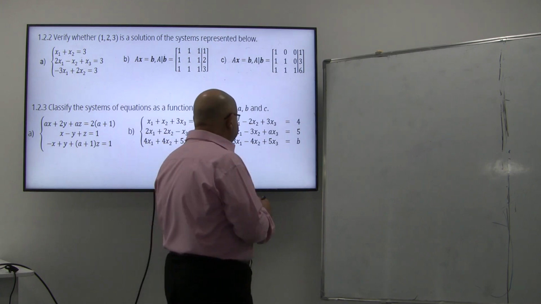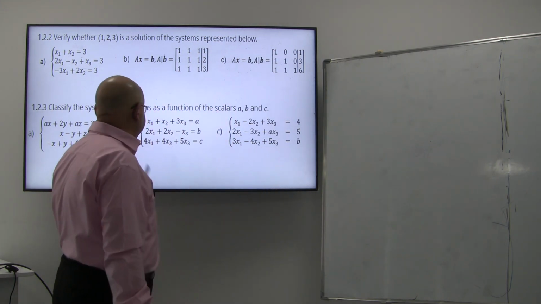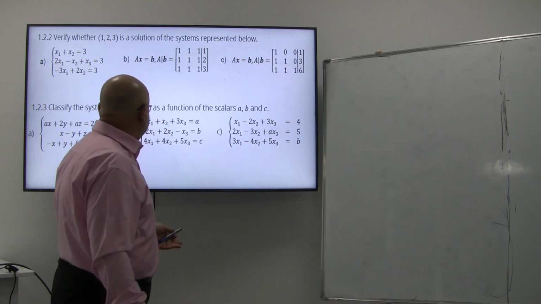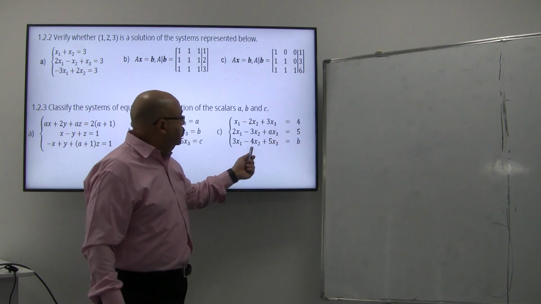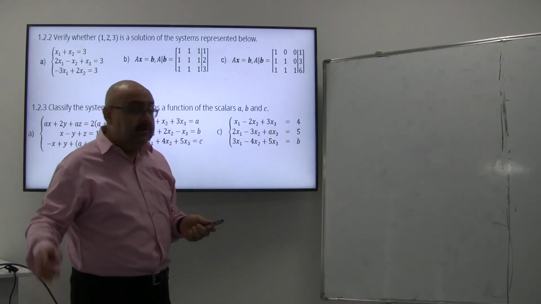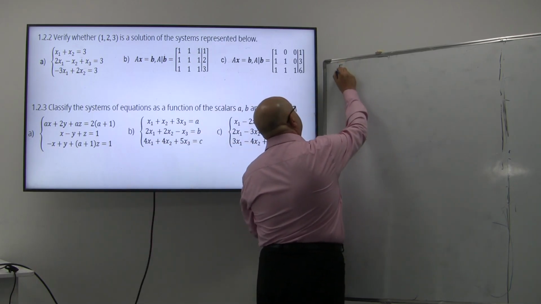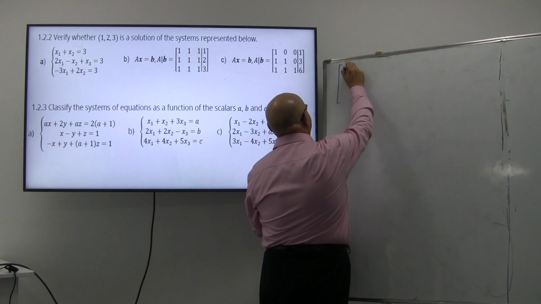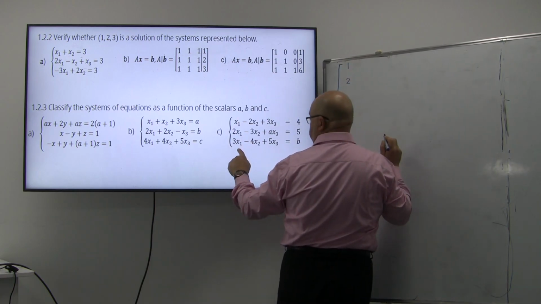Okay, let's try the first one. I will solve one of them, and I will leave the others free. Or whatever you want. But first, let's do the third one. It contains A and B, so it's going to be nicer. So it's going to be 1, then 2, then 3, X1 all under each other.